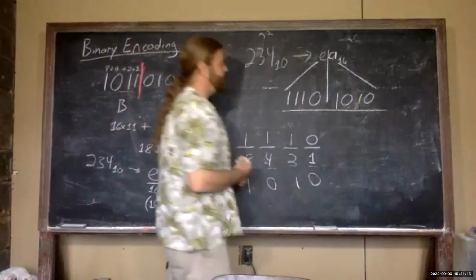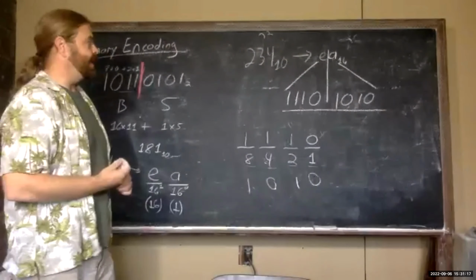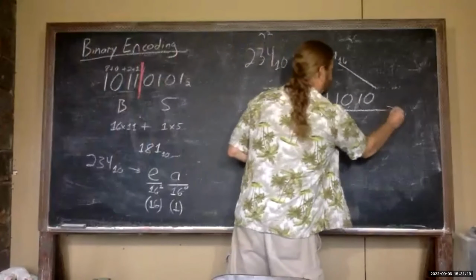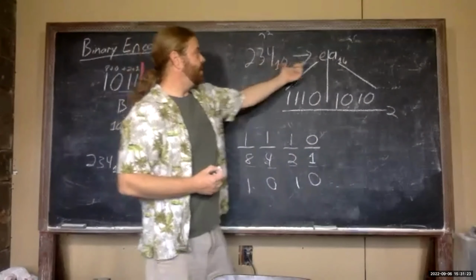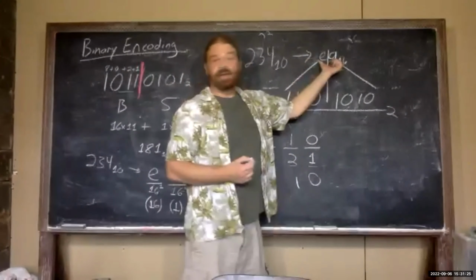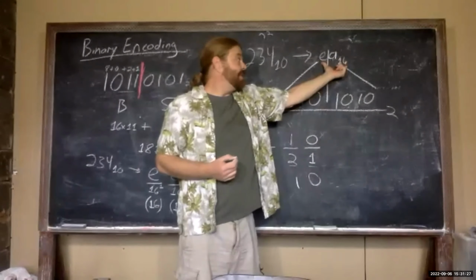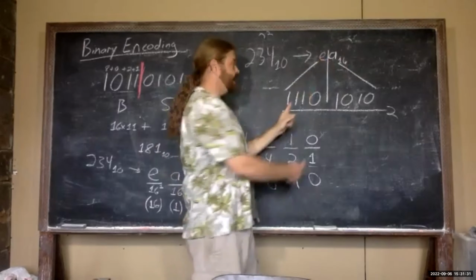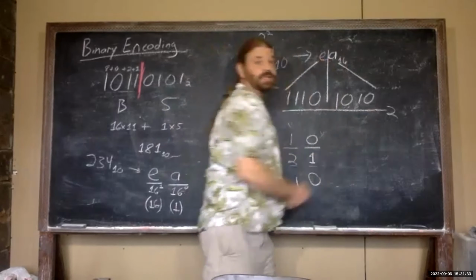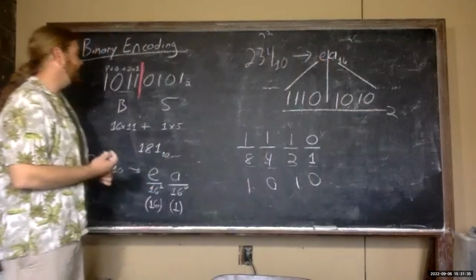And there is our binary representation of that. So we take our base 10 number and find the hexadecimal representation, and then each hex digit becomes 4 bits, and we have our binary representation.